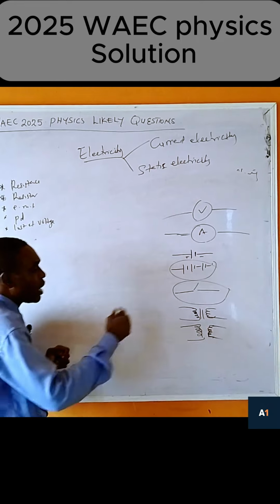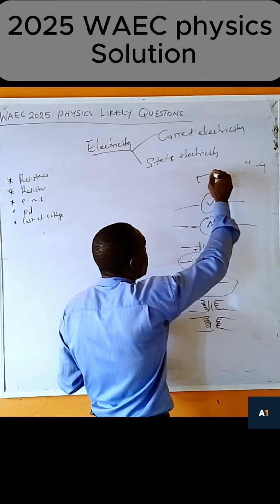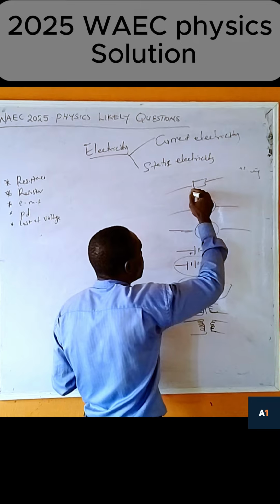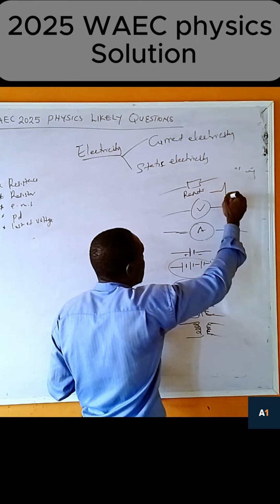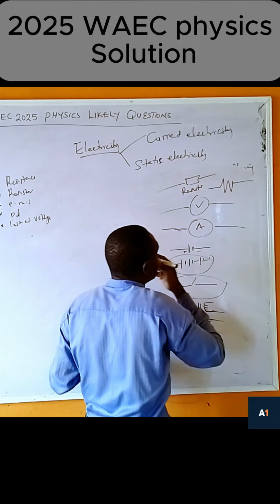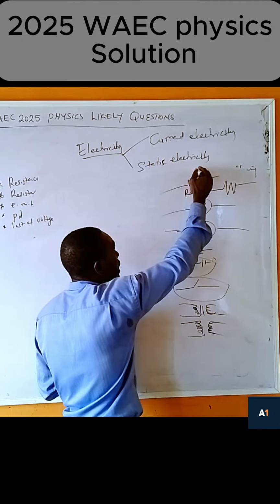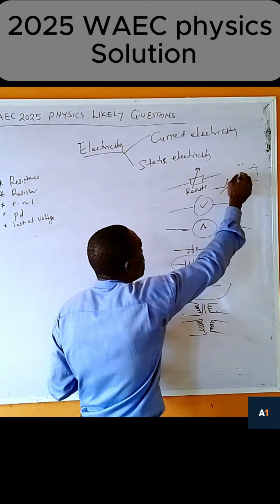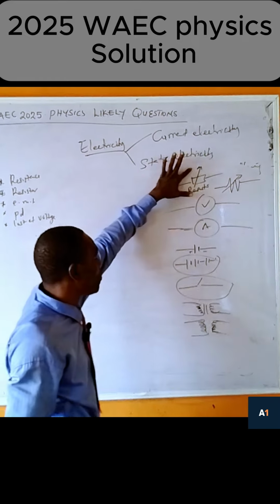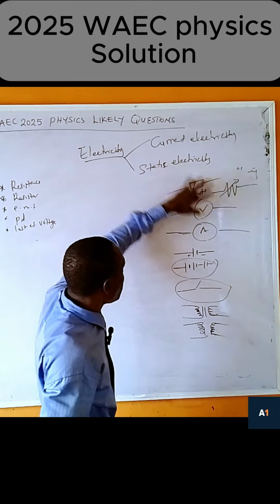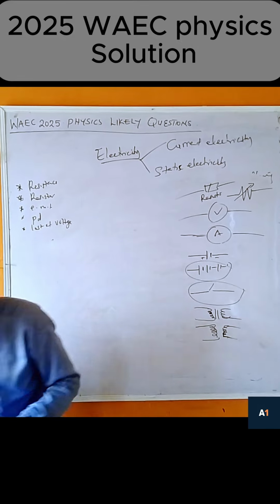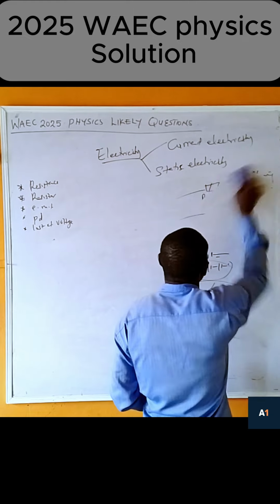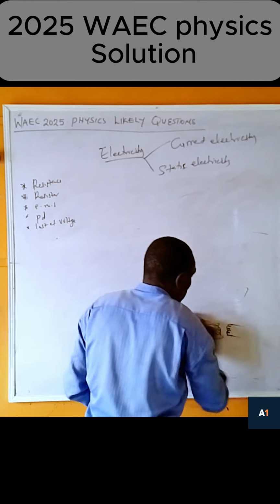Then we have another symbol, called a resistor, or you can write it like this. This is also a resistor. But when you add this here, it becomes a variable resistor. The first one is the standard resistor. Let me stop here for the electrical symbols. Go and check more because of time.